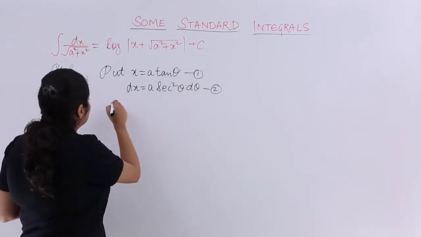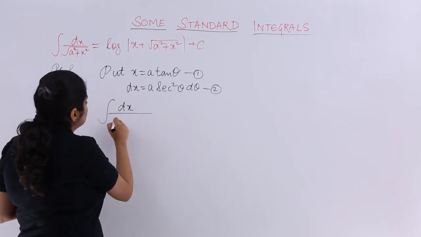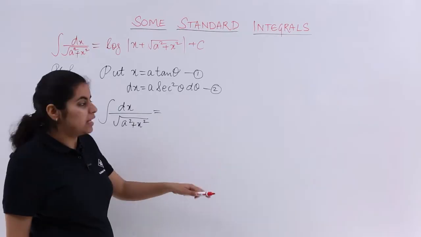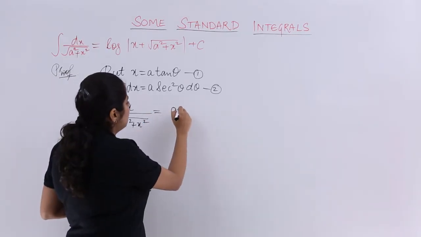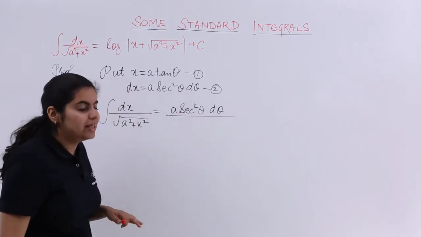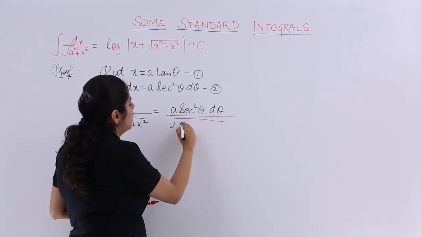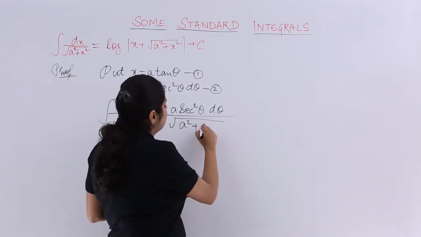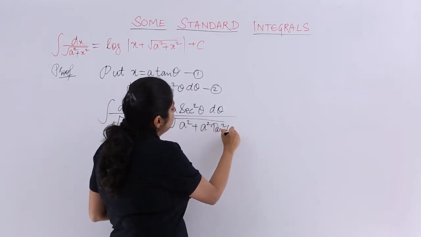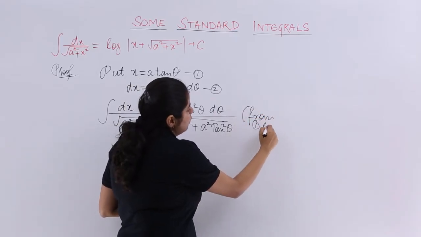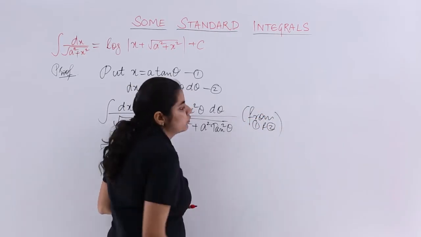Next, I have the root and the function. Let me write a square plus x square. Substitution can be done. Dx becomes a secant square theta d theta. In the denominator, under root is there upon a square plus x square means a square tan square theta, from equation number 1 and 2.